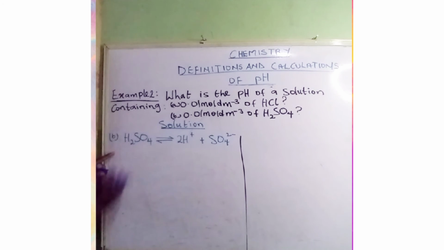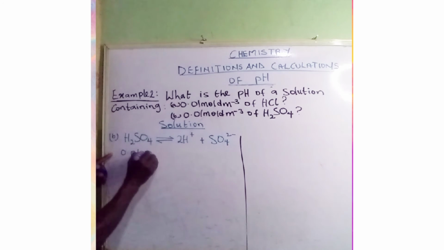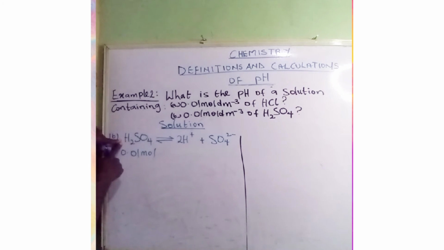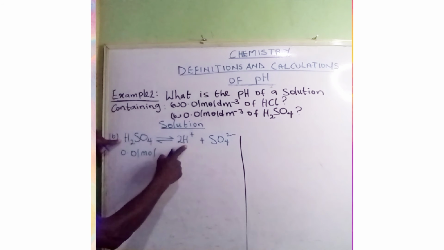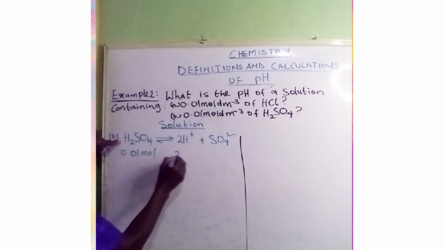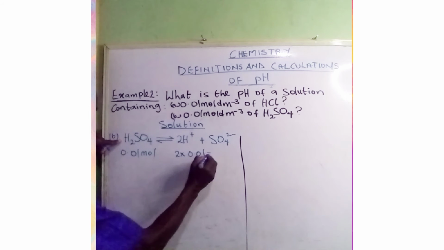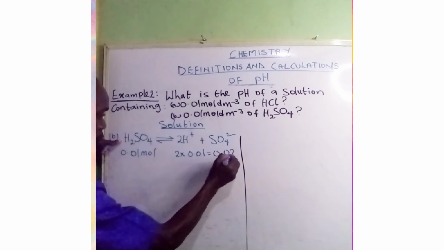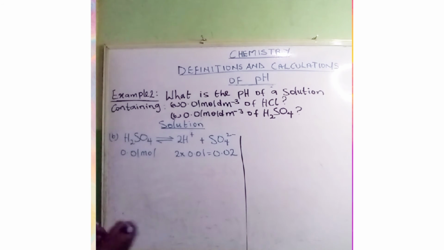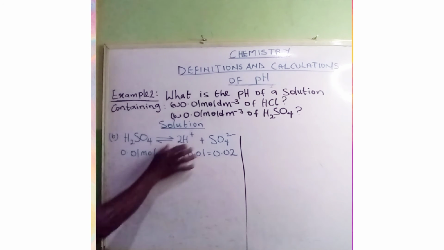So the concentration of H2SO4 here, we have 0.01 mole. That is when our H2SO4 is of 1 mole, while our hydrogen ion here is 2 mole, meaning that it's going to be 2 multiplied by 0.01 mole for hydrogen ion. So this gives 0.02 mole for hydrogen ion concentration.